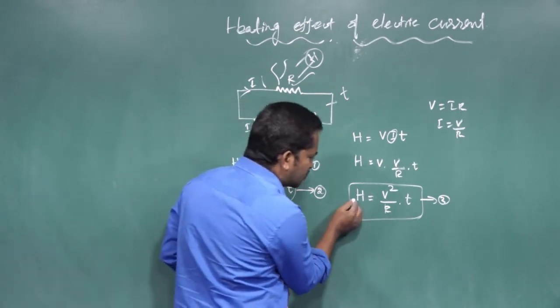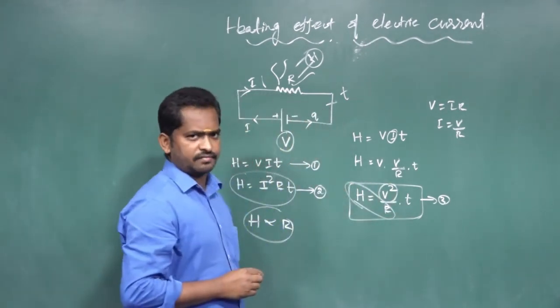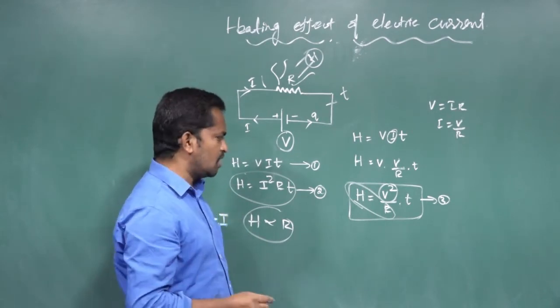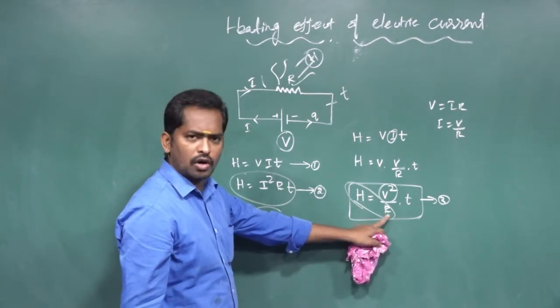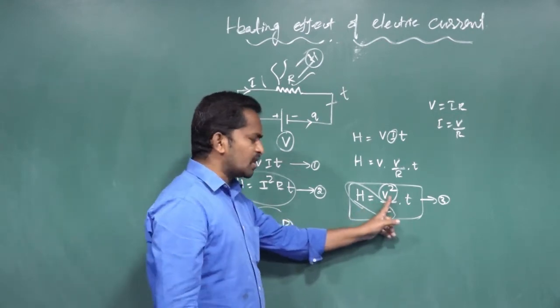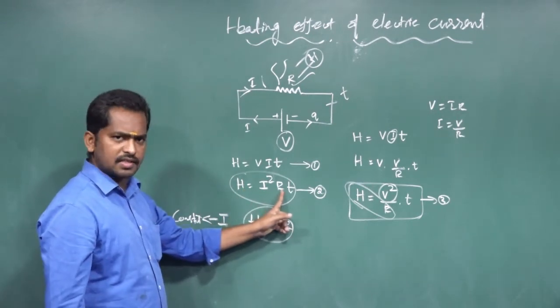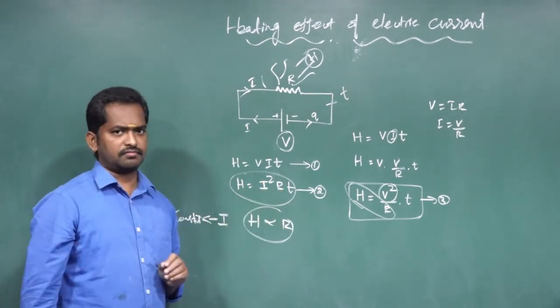Here heat energy is inversely proportional to resistance when potential is constant. It is an important rule. H is inversely proportional to R, when potential is constant. Heat energy is directly proportional to resistance when current is constant. It is very important.